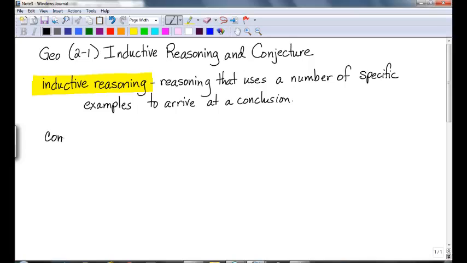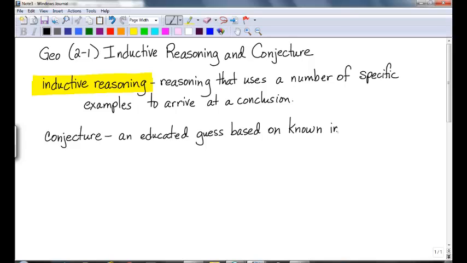Then the author talks about conjecture, and I'm guessing both of these are probably new terms to you. Conjecture is an educated guess based on known information using inductive reasoning.